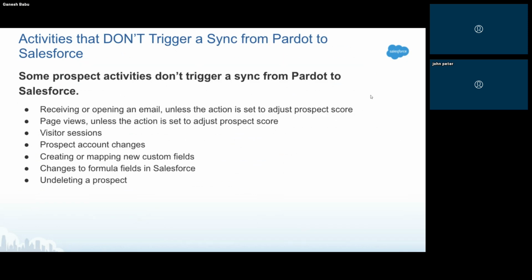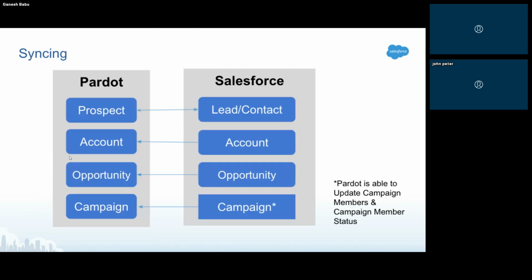Moreover, we should also know which activities don't trigger a sync: receiving and opening an email, page views, formula field changes, and creating new custom fields don't trigger a sync between Pardot and Salesforce.